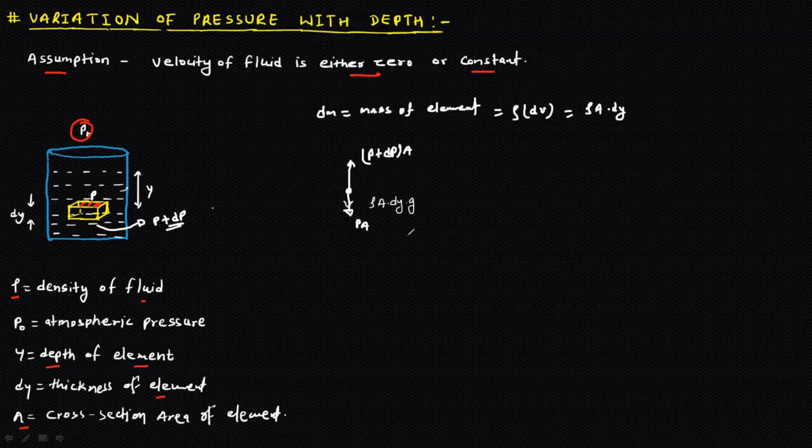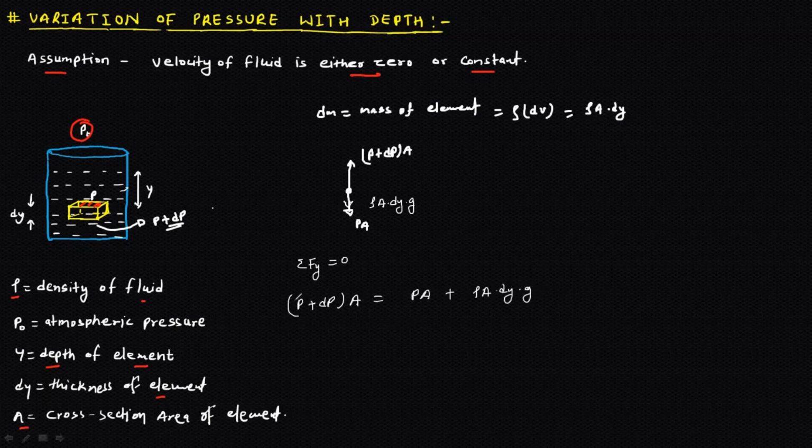Now because this fluid element is static, the total upward force is equal to the total downward force, or the total force in the y direction is 0. So the upward force, P plus dP multiplied by A, is equal to the downward force, P multiplied by A plus rho A dy multiplied by g.